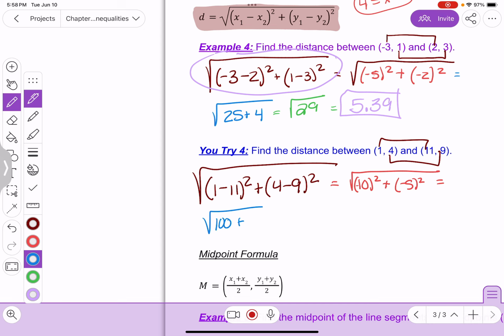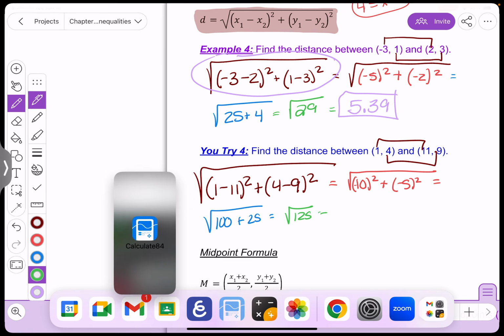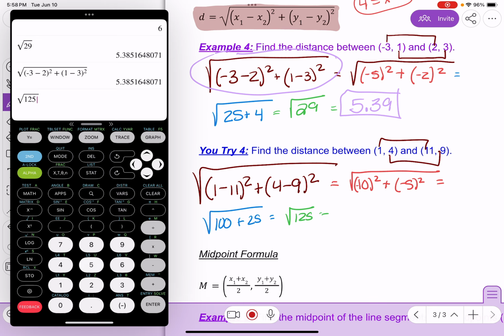And then negative 5 squared is 25. 100 plus 25 is 125. And then the square root of 125 is 11.18.